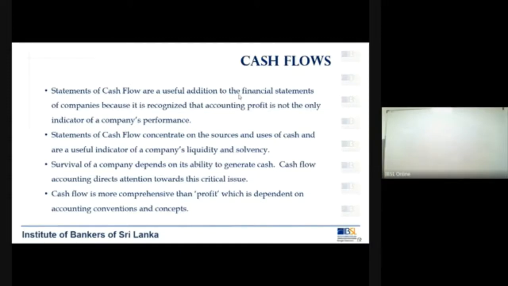So the profit that we are talking about has so many other elements which are contributing to the profit, like non-cash elements, which I explained to you earlier. Non-cash elements are impacting the profit of the business. But when it comes to the cash flow, it is not the case.